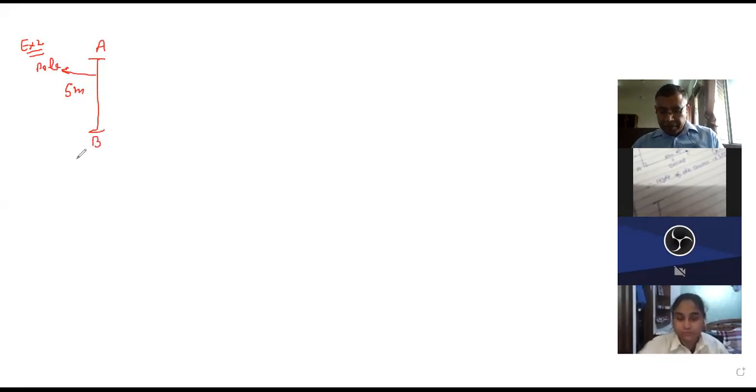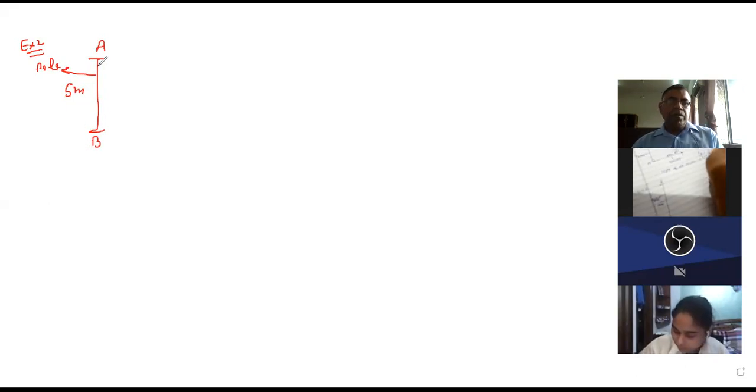Electrician has to repair. She needs to reach a point 1.3 meter below the top. So let this be the top. She has to reach a point which is 1.3 meter below.